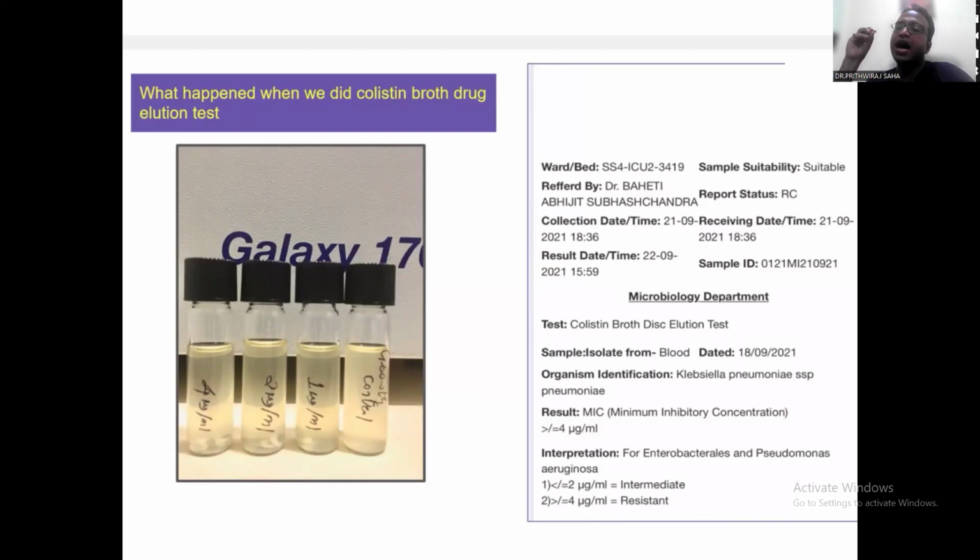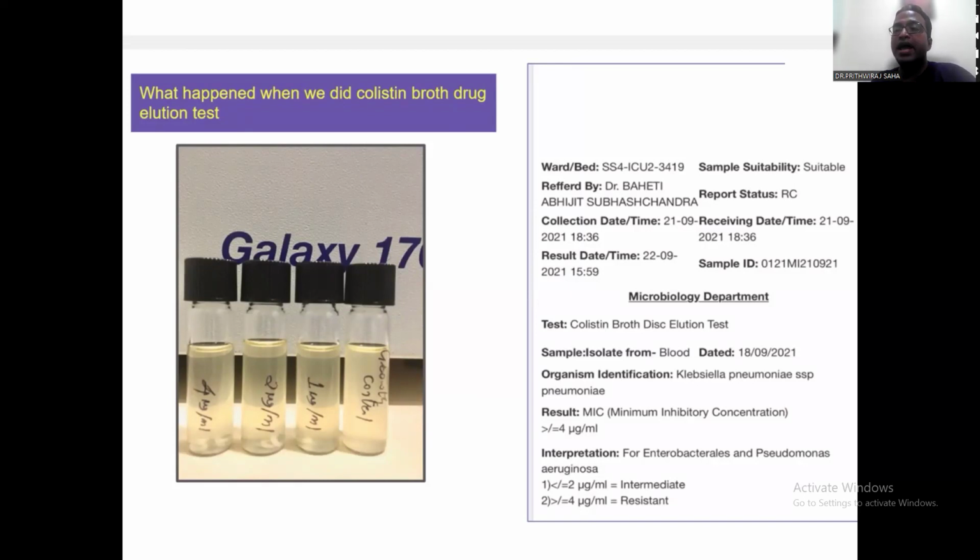Clear? This is a concept I learned from Dr. Parikshit sir. This slide is also from his PPT, or I will say his lecture. So this is what sir has told.